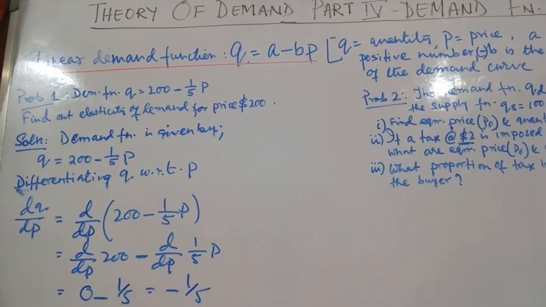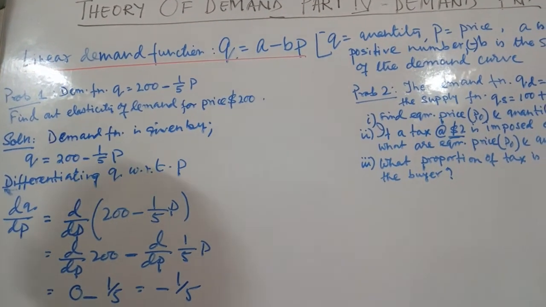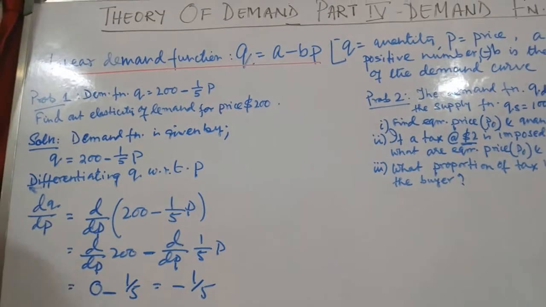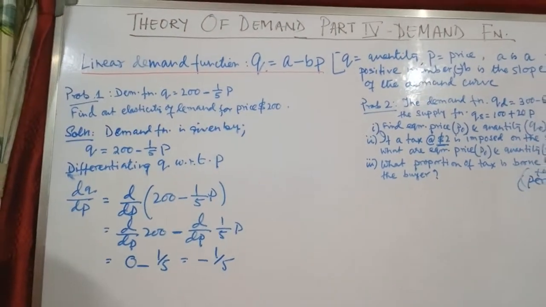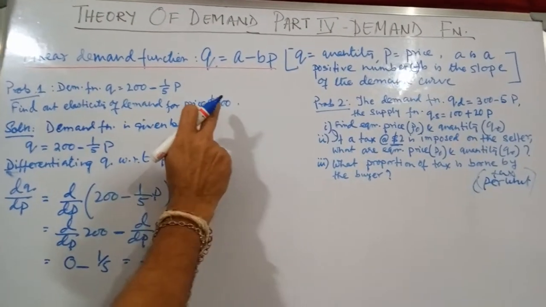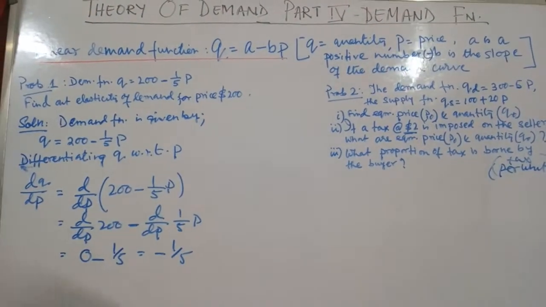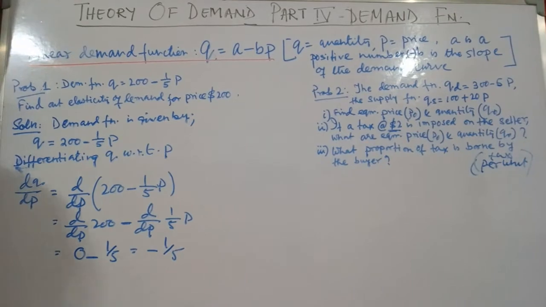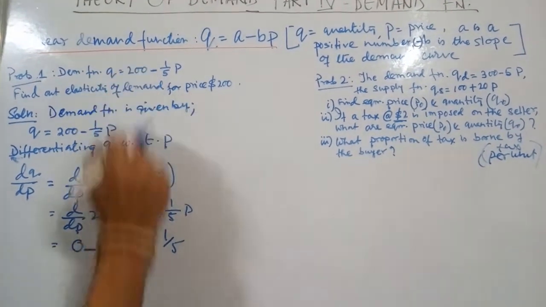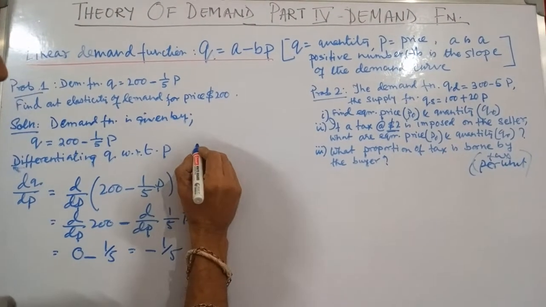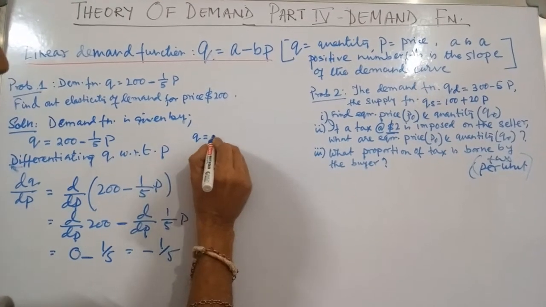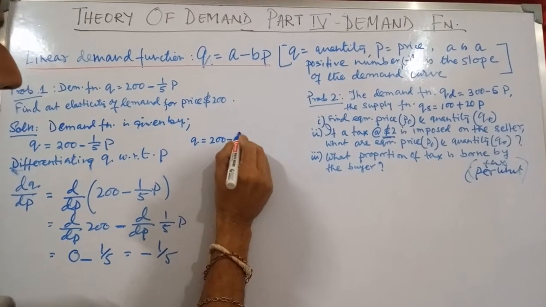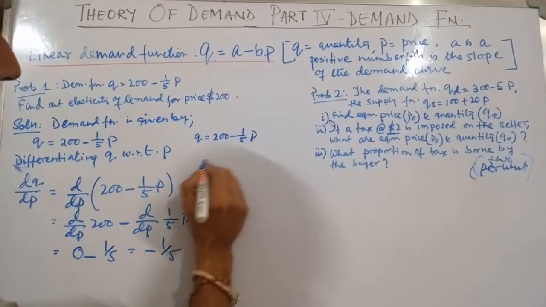Okay. Now we have to find out the price elasticity, that is ED, at price 200. Let us find out the value of Q by putting the value of P in this equation. We know Q equals 200 minus 1 by 5p.